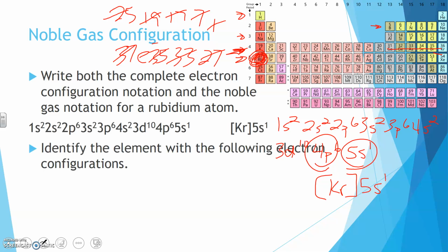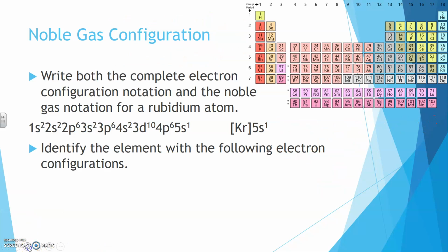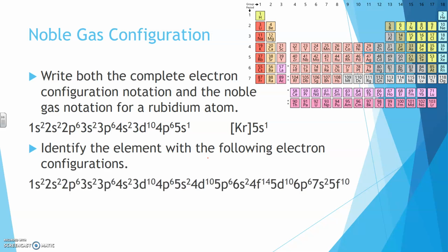Let me erase all of this. There we go. Identify the element with the following electron configurations. You might be asked to write out the notation, write out the noble gas notation, or identify the element. This is relatively easy because all you have to do is look at the end.